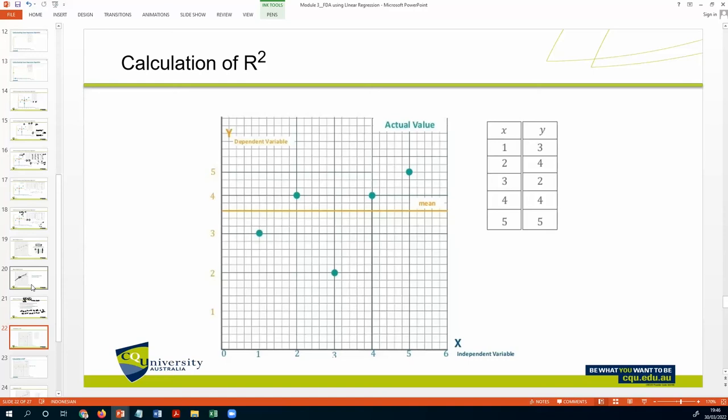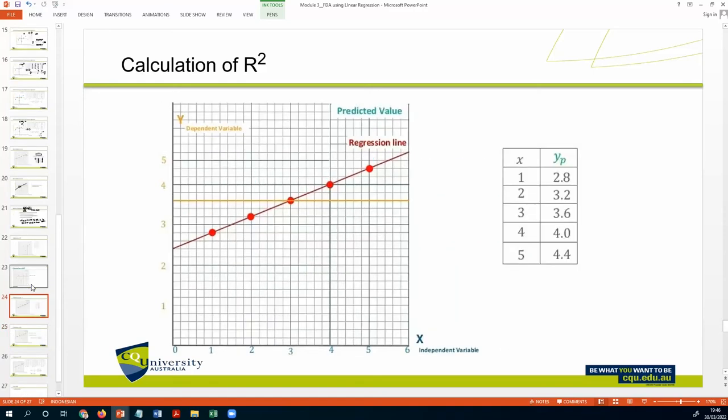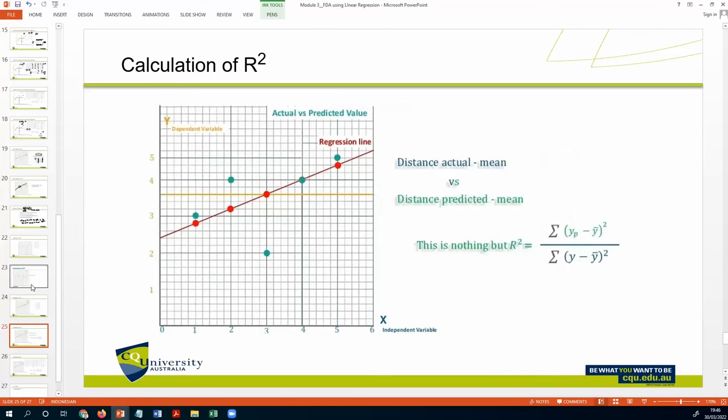So, how to calculate the R square? The R square is the sum of the Y prediction minus the Y mean, to the power of 2, divided by the sum of the Y actual minus the Y mean, to the power of 2.